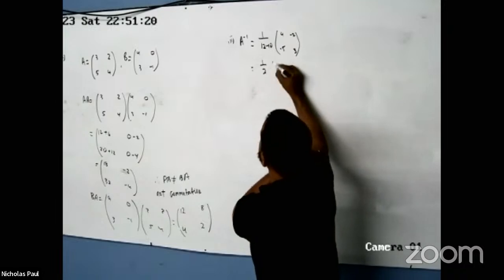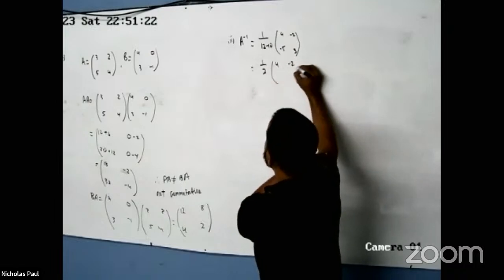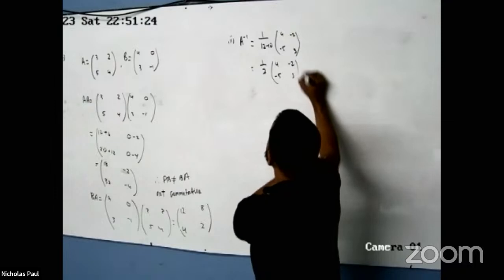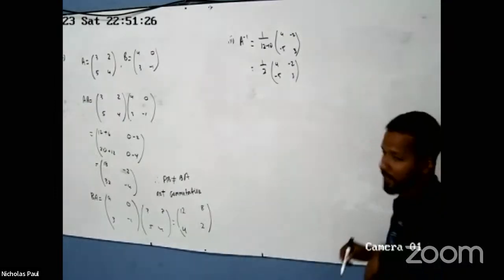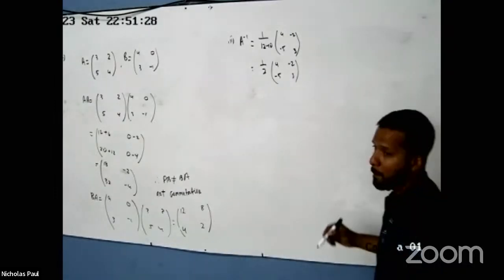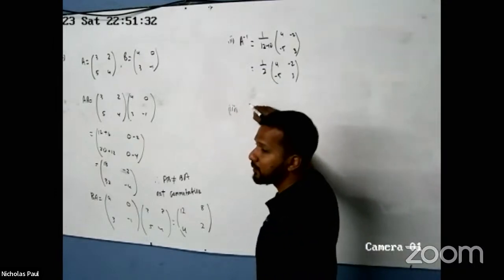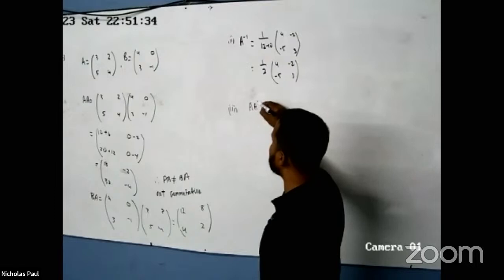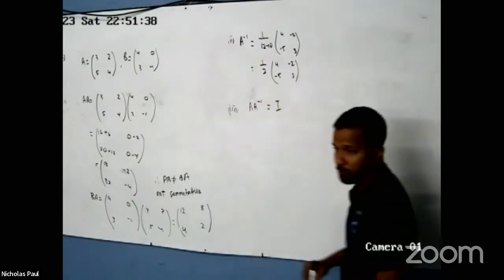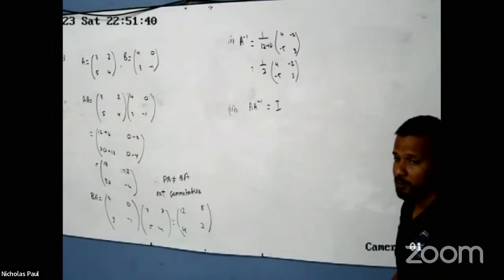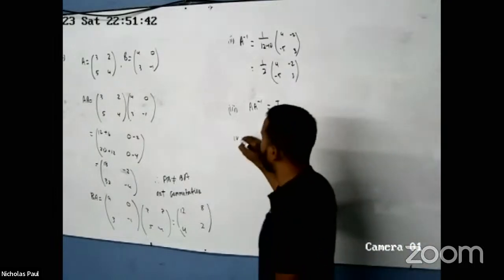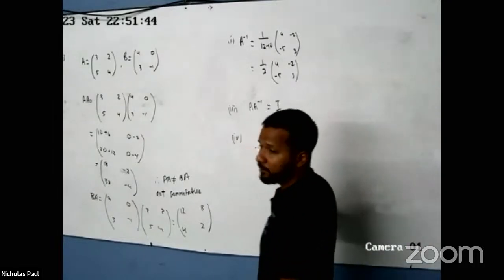So that's 1 over 2 by 4, negative 2, negative 5, 3. And part 3 they have, so A inverse. So A by A inverse is equal to I.